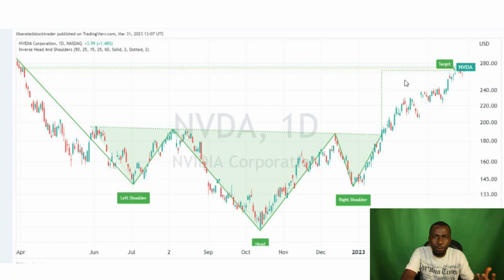Or if you want to ride the trend, you can simply use a moving average, the 20 exponential moving average, to ride the trend. So when the price crosses below the 20 exponential moving average, you simply take your trade, or you can have a fixed profit target of either 1 to 2 or 1 to 3 risk reward ratio.